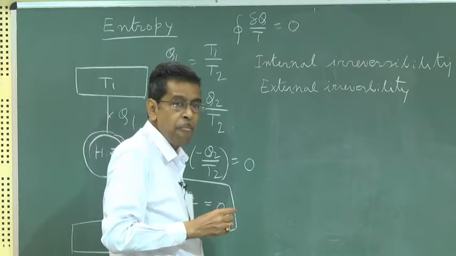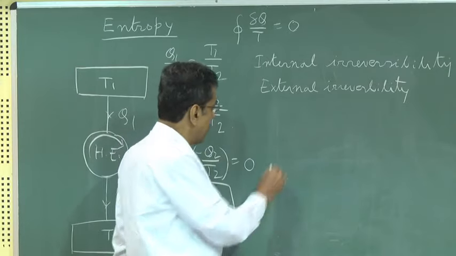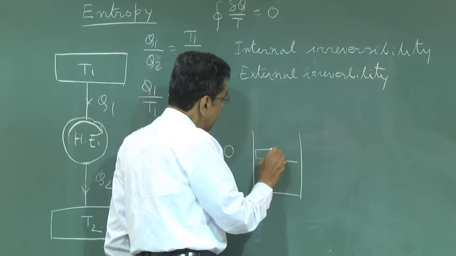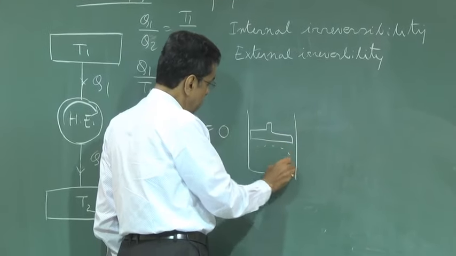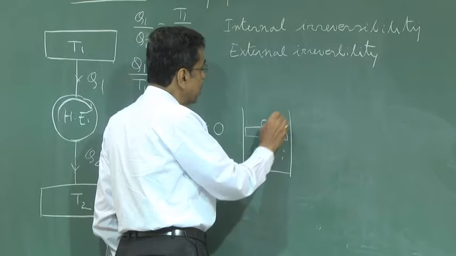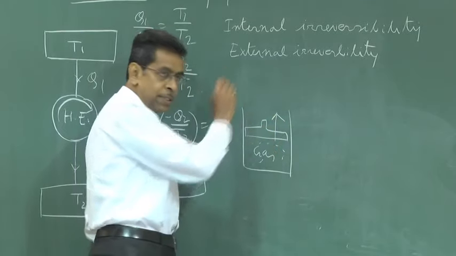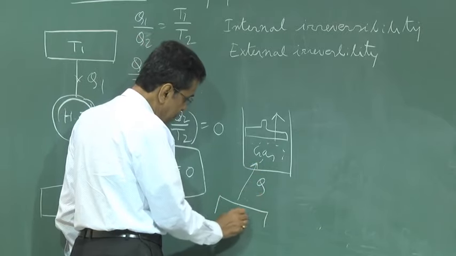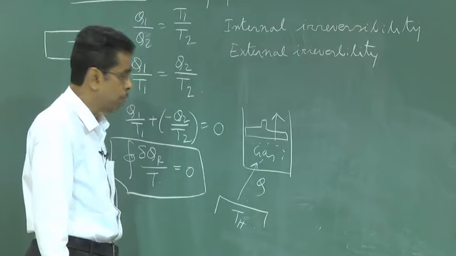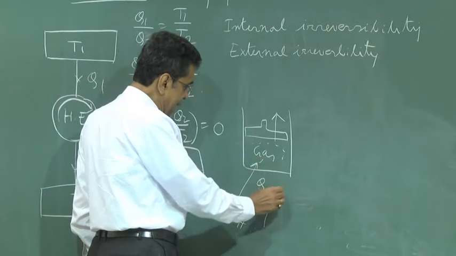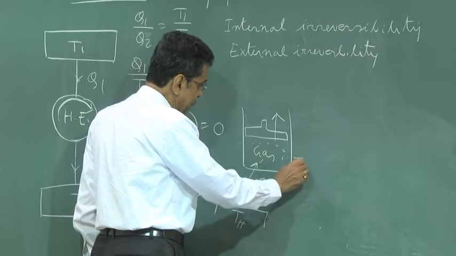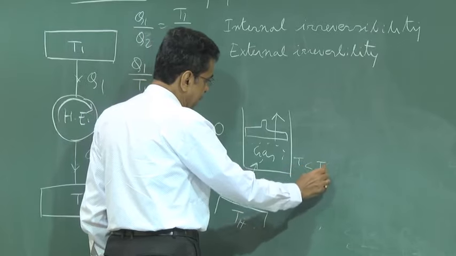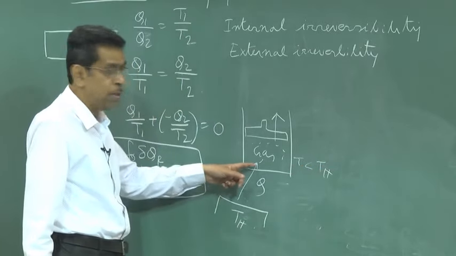This is the case for a simple single process also. For example, this is a very important concept: if a mass of gas expands in a piston cylinder arrangement, the piston goes out because of its pressure, and it also takes heat from a surrounding at temperature TH, for example a hot body. The gas temperature at any instant of the process is always less than TH, so that a finite amount of heat goes to the gas.